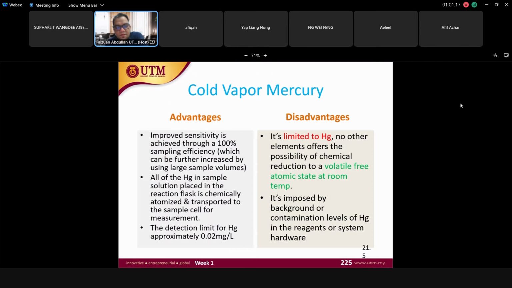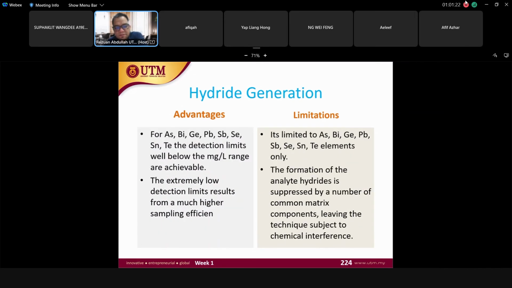Right? You must understand that hydride generation AS is especially for metalloids, because they cannot be heated using graphite furnace or flame. Yes, they can be heated. They can be atomized thermally, but the limit of detection is not so good. Okay, so we need to use a much better instrument with an extremely low detection limit.